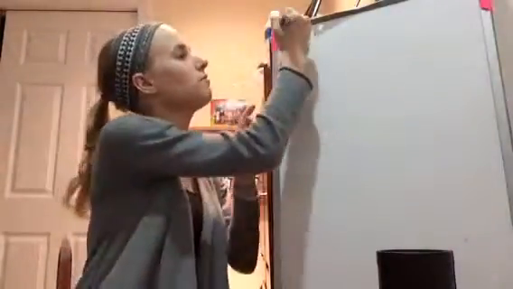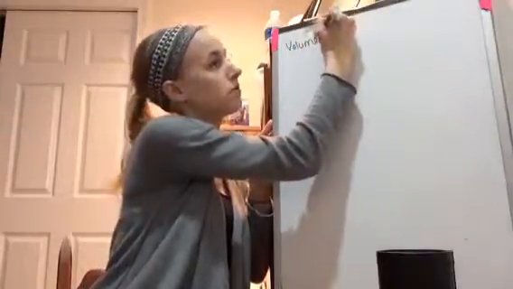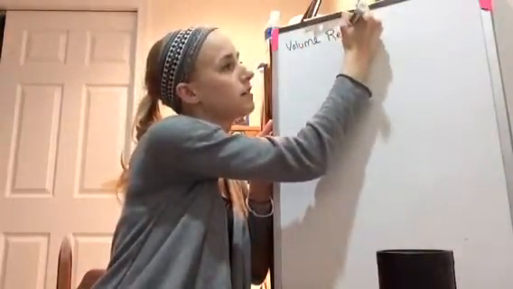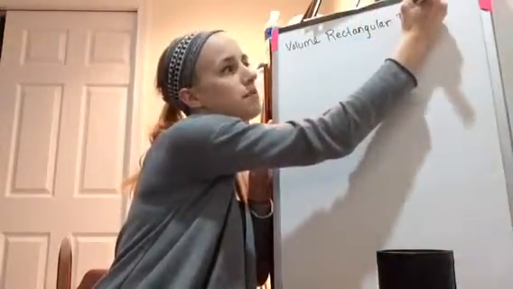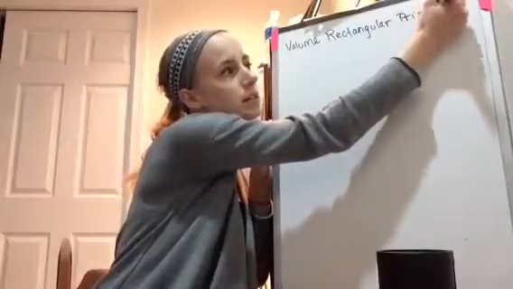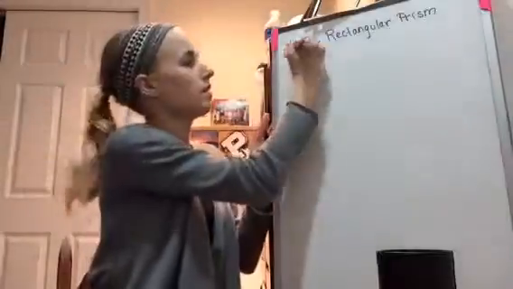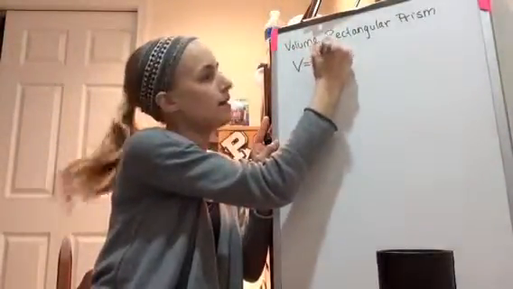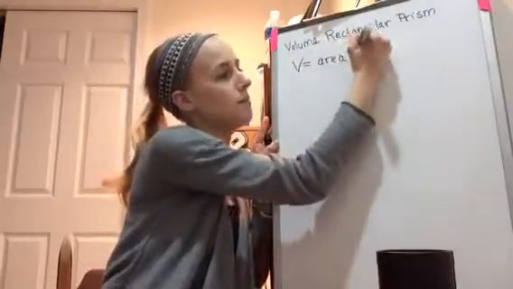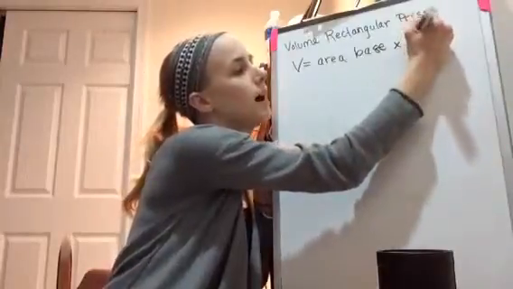So the first thing we're going to talk about is the volume of a rectangular prism. Okay, so basically a 3D figure that is a rectangle. So we know that volume is the area of the base times our height.